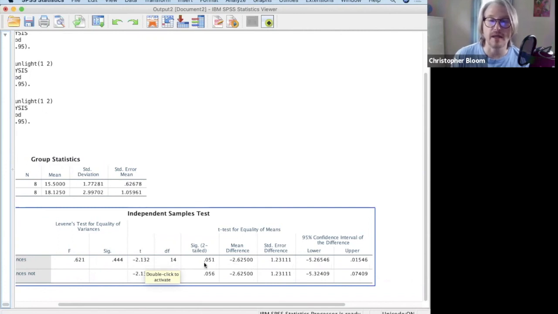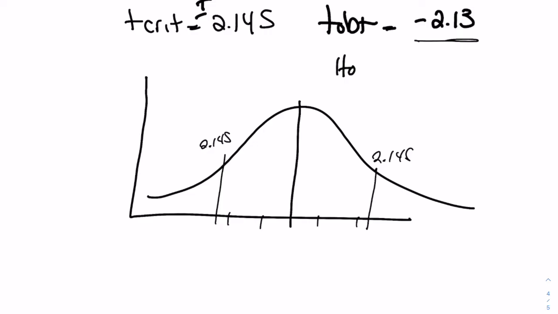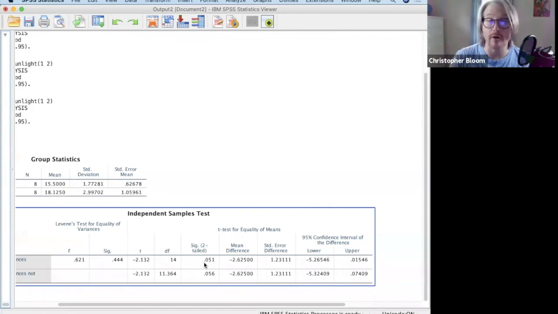But here's the key thing to pay attention to. Significance value two-tailed 0.051. Remember back to that calculation by hand? It just barely missed landing in the region of rejection. And this too just barely misses being statistically significant. I remind you that we don't have a critical value calculated here in SPSS. That's not how it works.